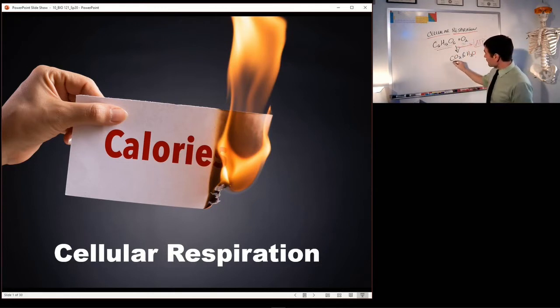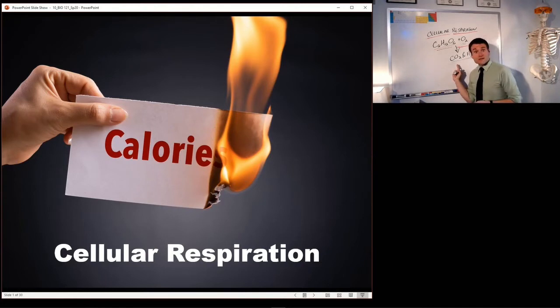In fact, the products are the same. When you burn a flame, you get CO2 and H2O coming out the other side, carbon dioxide and water. When I run a 5K, something like that, I am breathing out carbon dioxide and water on a constant basis. So chemically, you can actually see how much energy, how much power there is inside of a glucose molecule by setting something on fire and seeing exactly what that looks like.